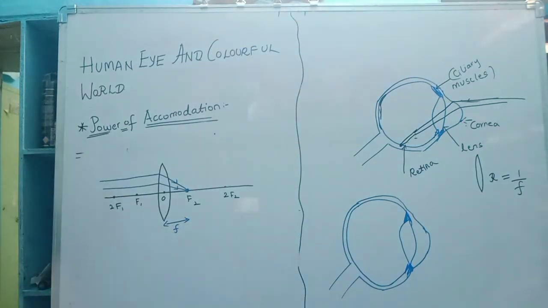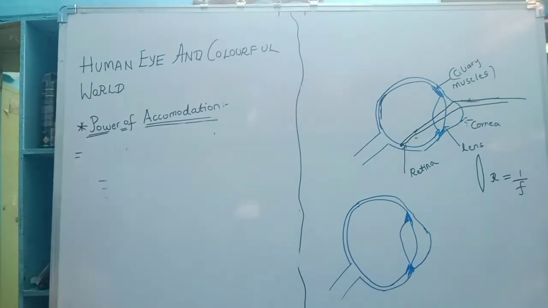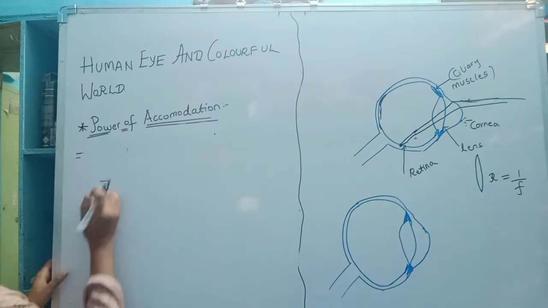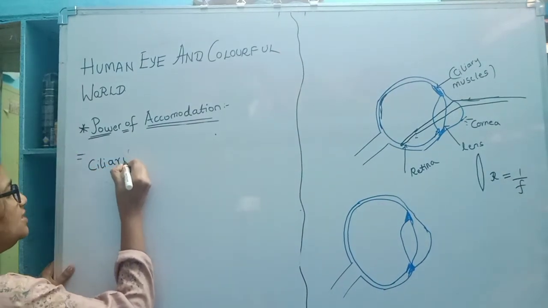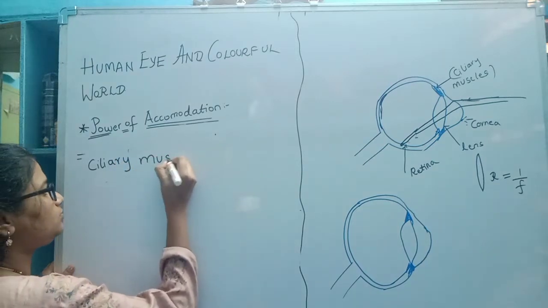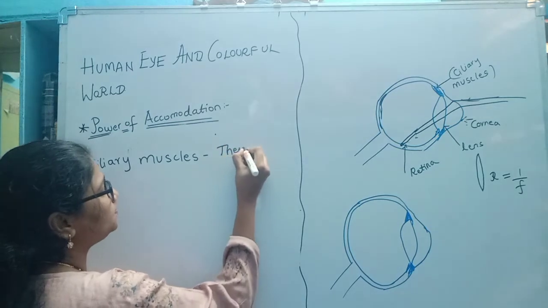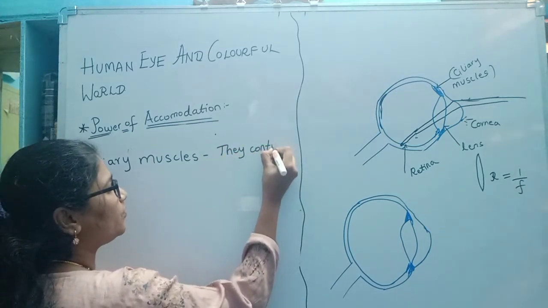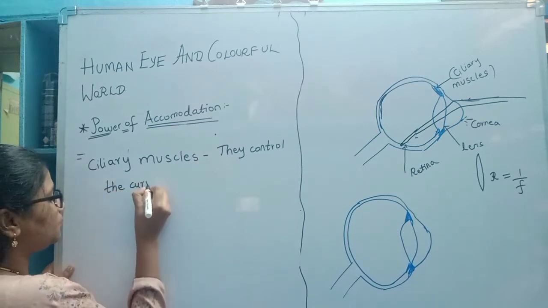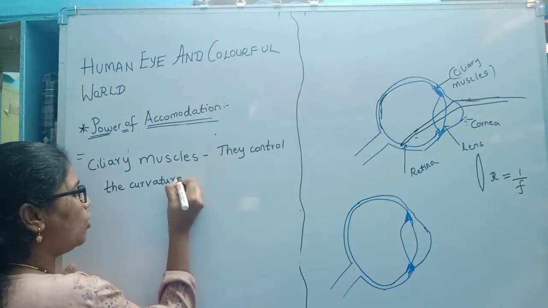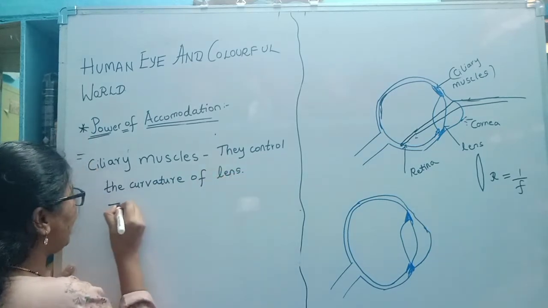So what did we learn about the ciliary muscles? They control the curvature of the lens.